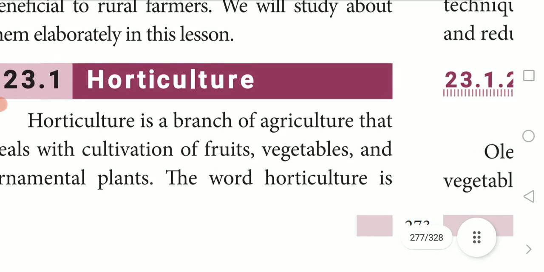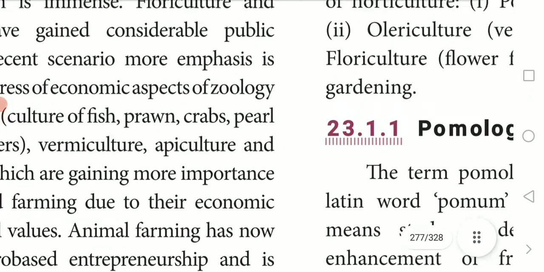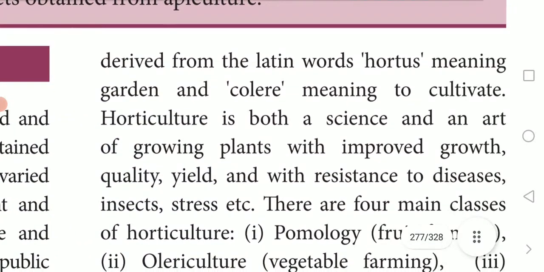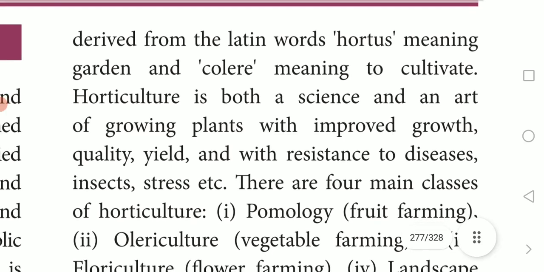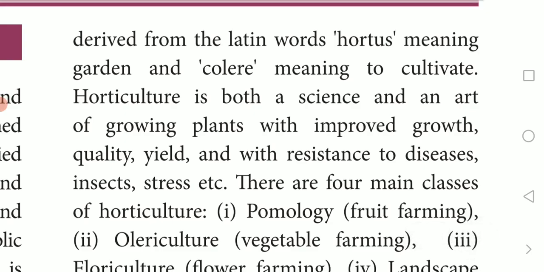The word horticulture is derived from the Latin word hortus meaning garden, and cultura meaning to cultivate. You can underline this one. They'll ask you what hortus means: garden, and cultura means to cultivate.